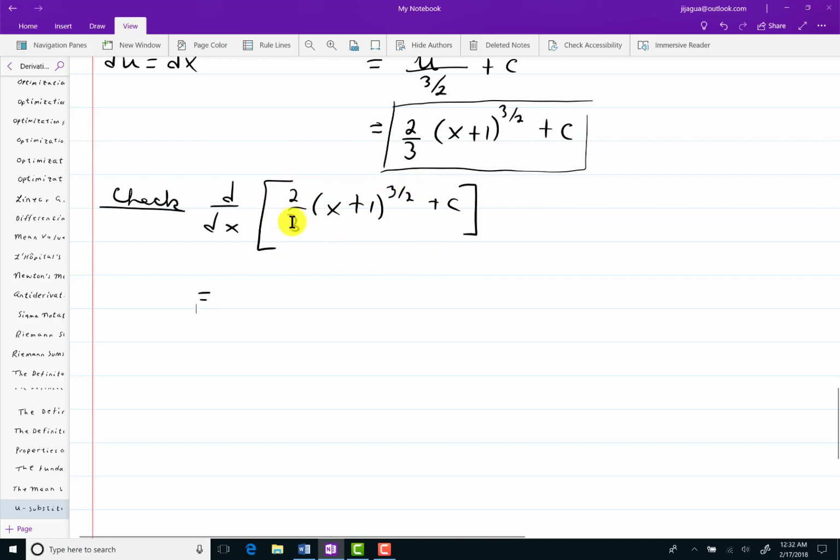This doesn't have much effect. It just hangs around. And so I'll bring the 3/2 down. So I'll get the 2/3 times 3/2. And then you'll subtract 1 from the exponent to get 1/2, which I think you'll understand is the square root of x plus 1. So that checks.